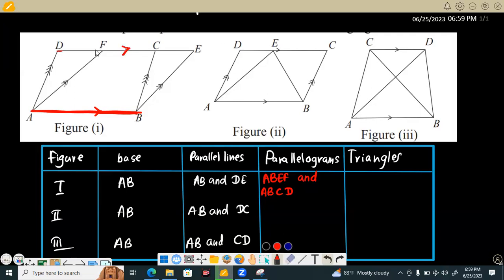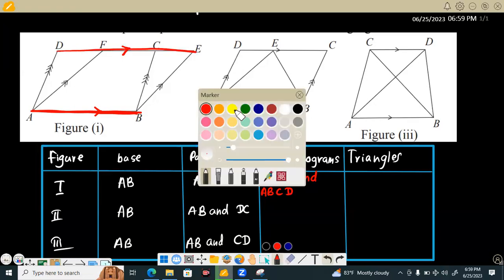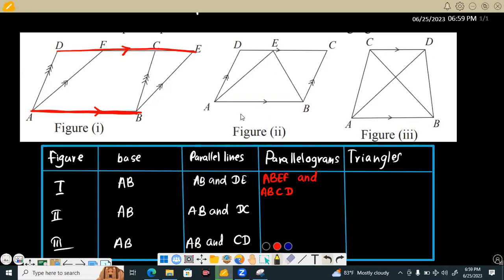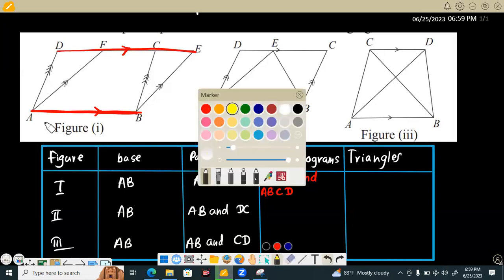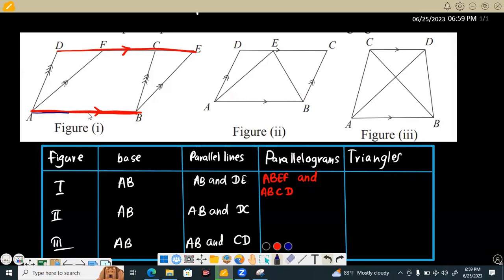ABCD. And also you can identify they lie in between two parallel lines AB and DE. AB සහ DE කියන parallel lines දෙක සහ ඊළඟට AB කියන base එක උඩ තමයි මේ දෙන්න ඉන්නේ නේද? If you have a highlighter, please highlight the two parallel straight line segments in one color and the common base in another color.